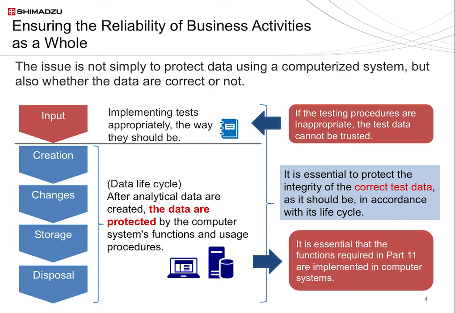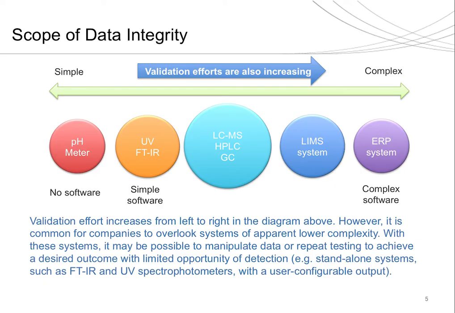Of these, UV and FTIR systems and pH meters are very simple, whereas LIMS, ERP, and MES are very complex, both in terms of systems and software. And as each instrument is different, the validation required for each instrument differs depending on its complexity. Highly complex instruments in particular require careful validation.